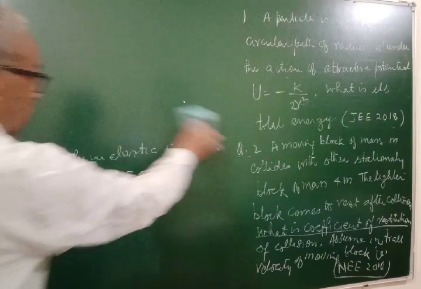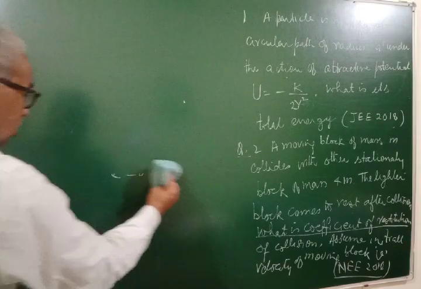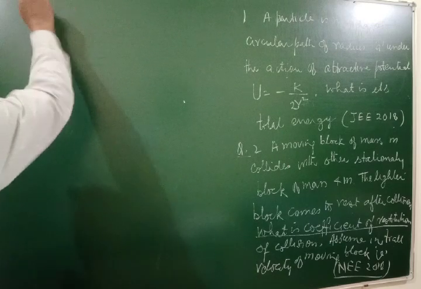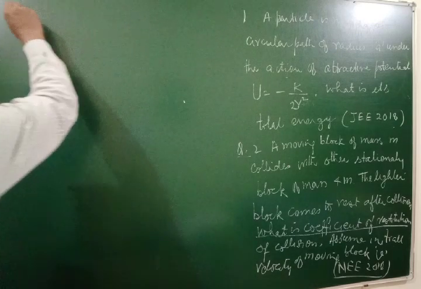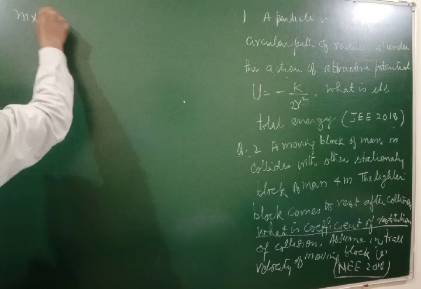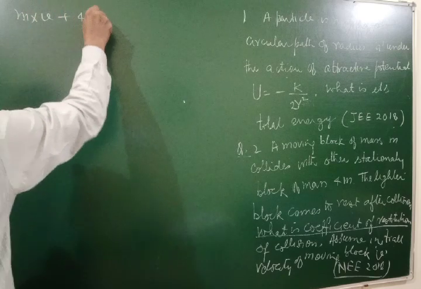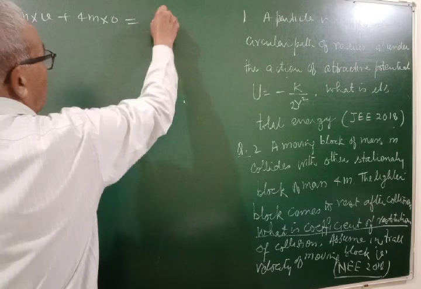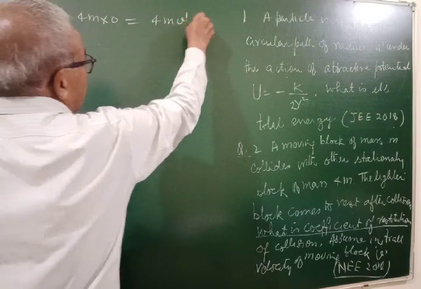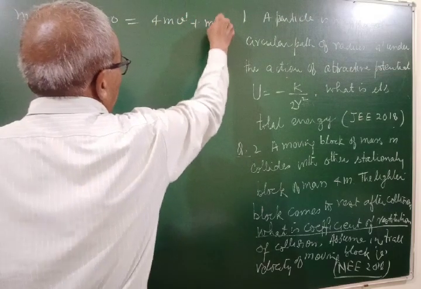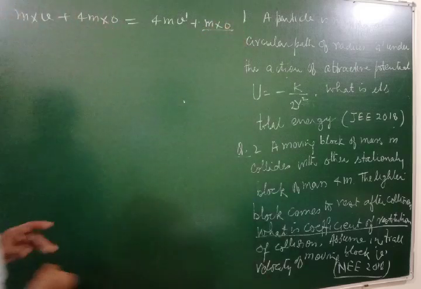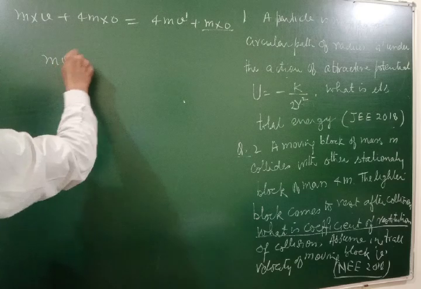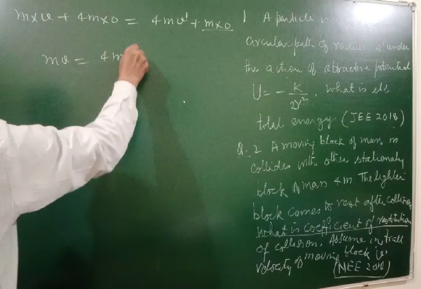Now, what we have to find out here. In every collision, momentum is conserved. So m into v plus 4m into 0, since its initial velocity is 0, is equal to 4m into v dash plus m into 0. Mass m comes to rest. From here, mv equal to 4mv dash.